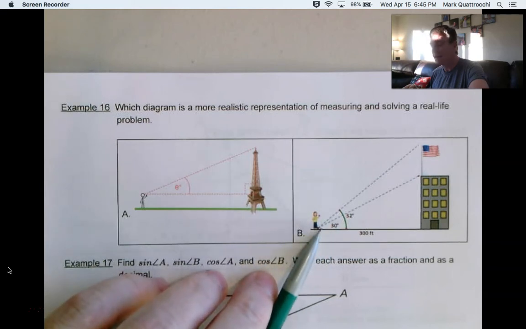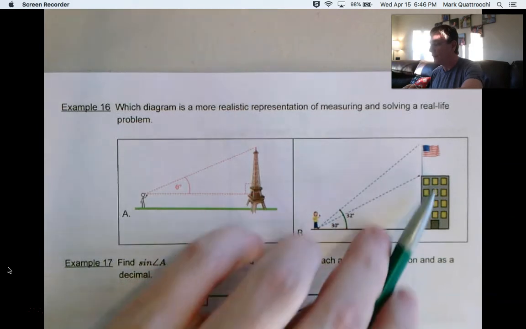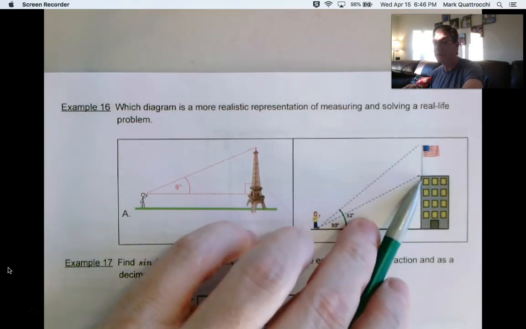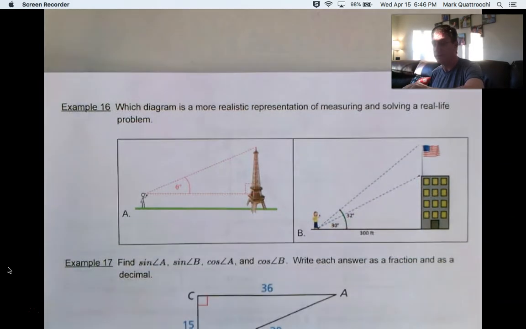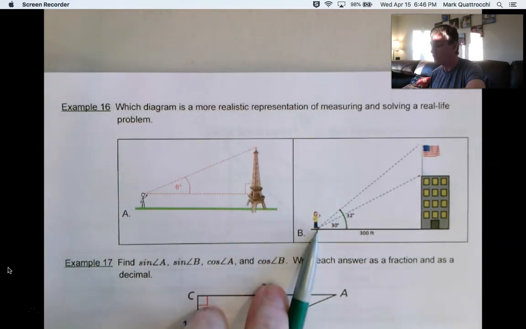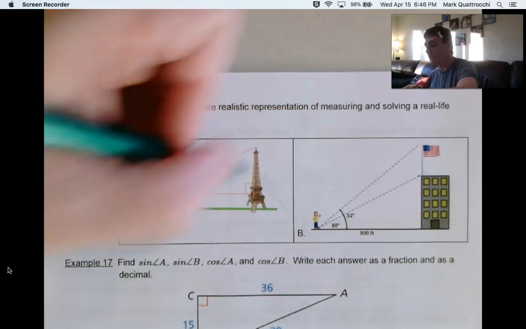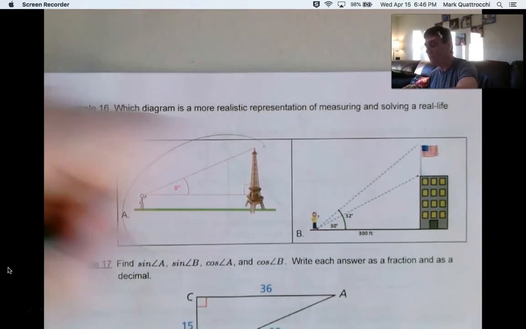We'd have to be laying down on the ground to measure these two different angles of elevation going up. Yes, we might do this problem like this to solve the height of the flagpole, but we would never measure it from our toes. We'd be measuring it from our eyes. So which diagram is more realistic? Diagram A.